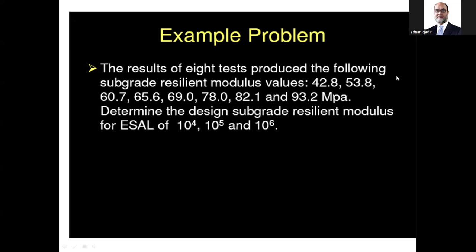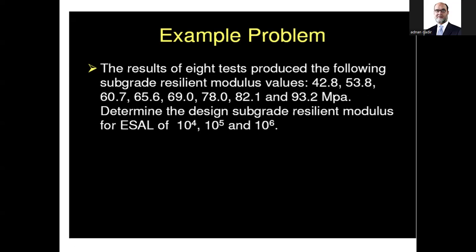When I come to 53.8, there are 7 values bigger than or equal to this value. When I come to 60.7, there are 6 values equal to or greater than this value.